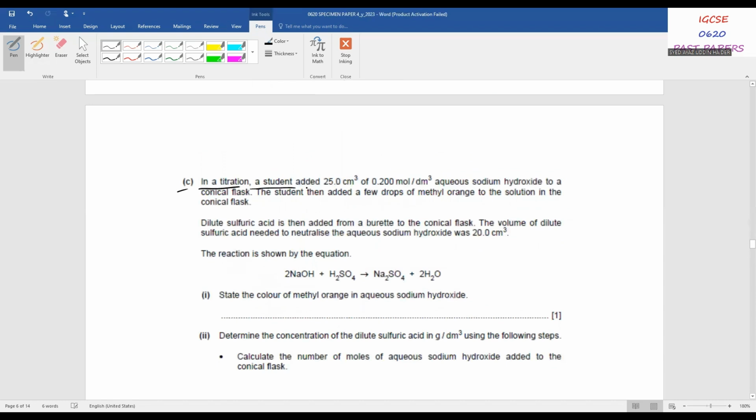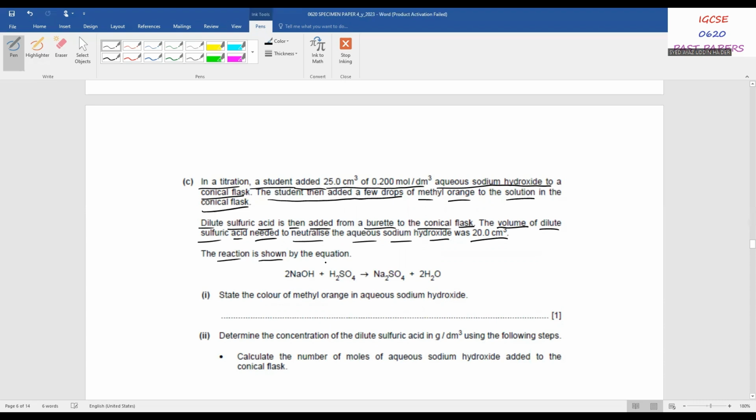In a titration, a student added 25 centimeter cube of 0.2 mole per dm cube of aqueous sodium hydroxide to a conical flask. The student then added a few drops of methyl orange to the solution in the conical flask. Dilute sulfuric acid is then added from a burette to the conical flask. The volume of dilute sulfuric acid needed to neutralize the aqueous sodium hydroxide was 20 centimeter cube.